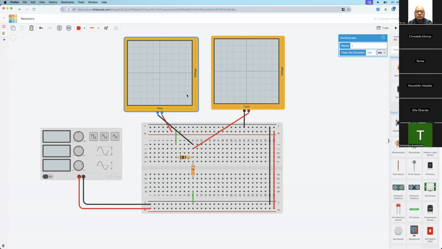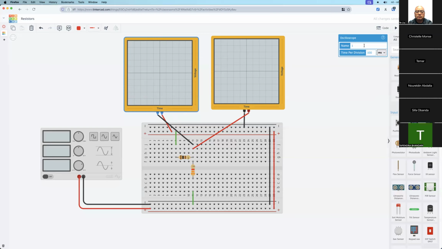In theory, the simulation doesn't think about the negative terminal as ground. It just thinks of the negative as negative. So we can do it this way, but for the real lab, we cannot. You can only use the digital multimeter to measure the voltage across this resistor. Okay, let me try.